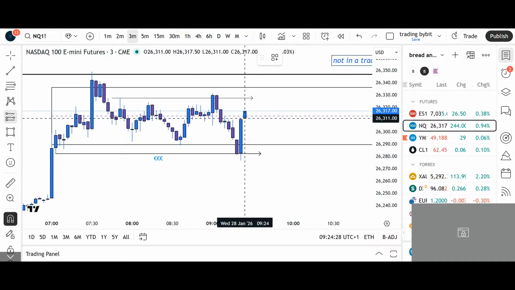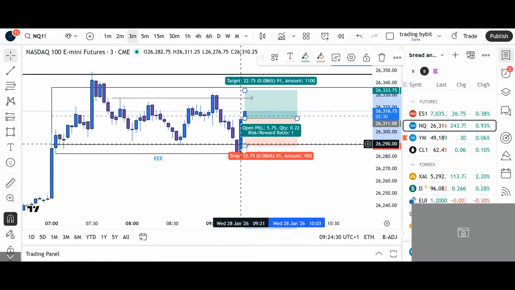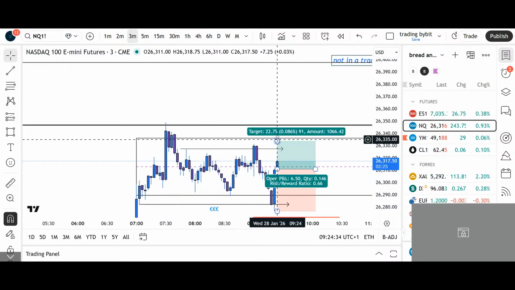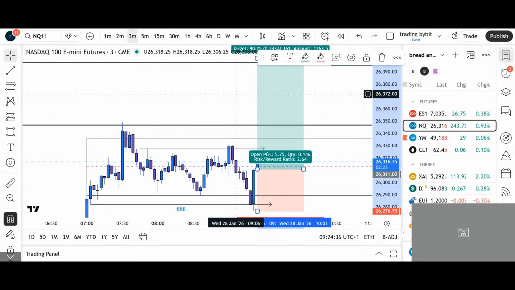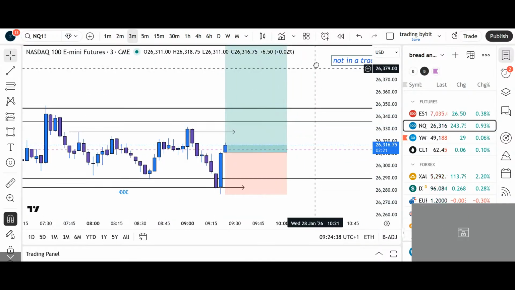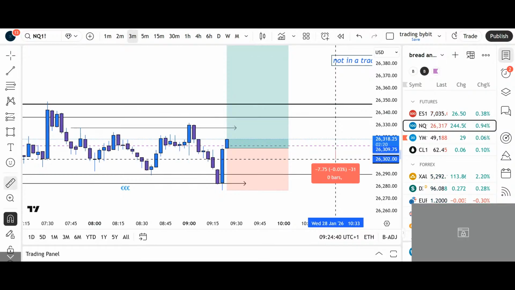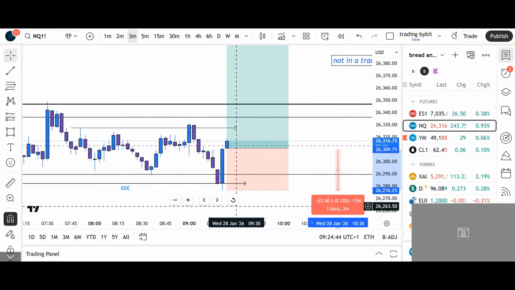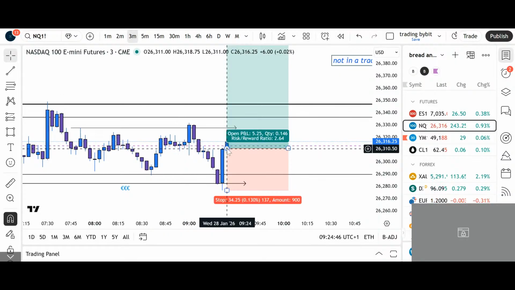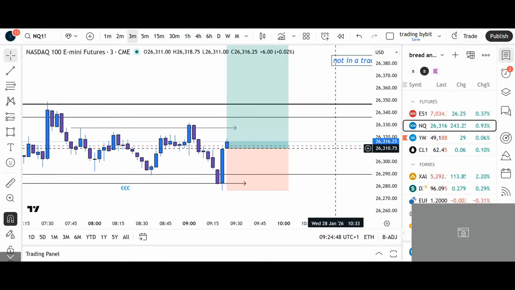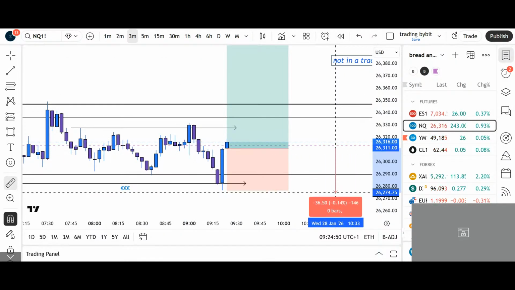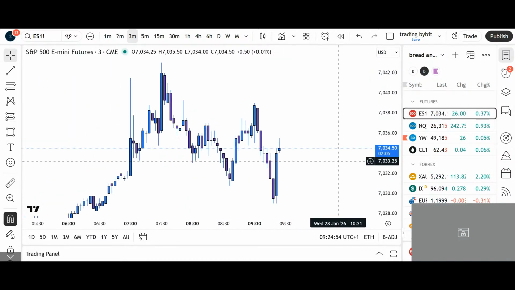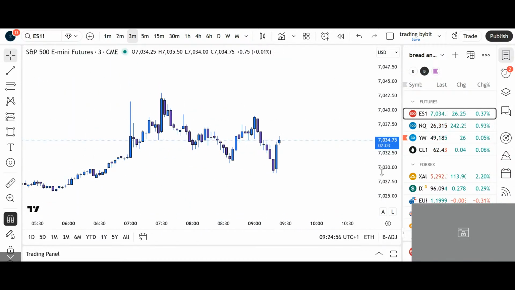This could be a very nice long. I'm not going to trade yet. I do want to long this, so I'm going to take a look at how we can take this.